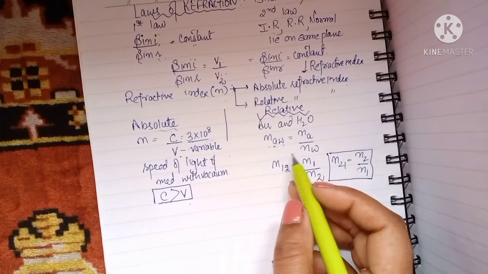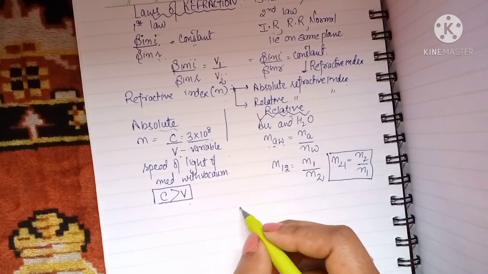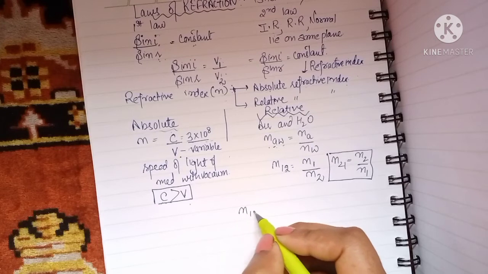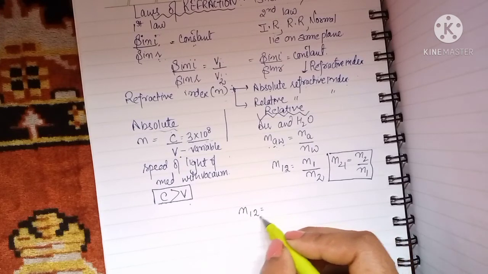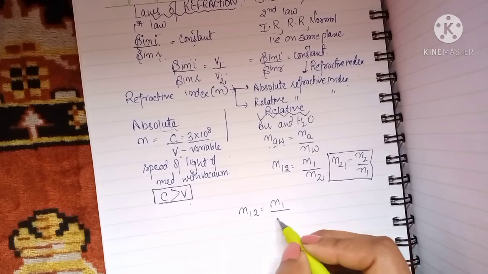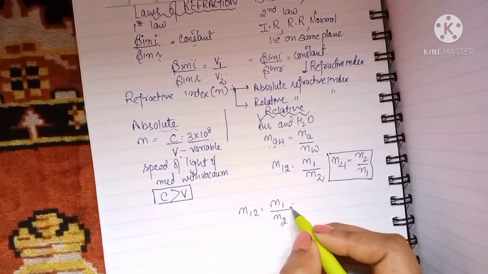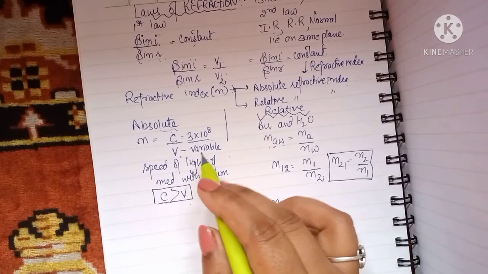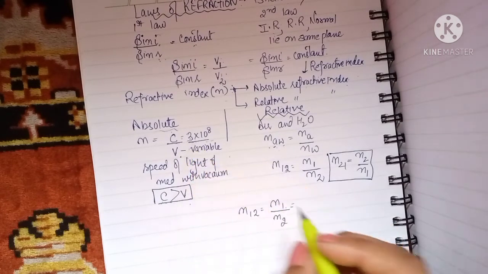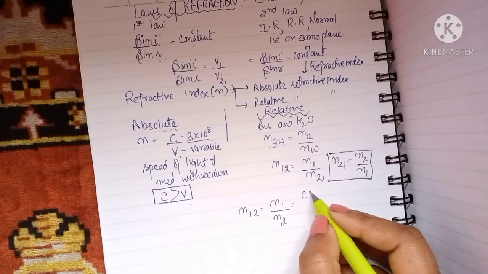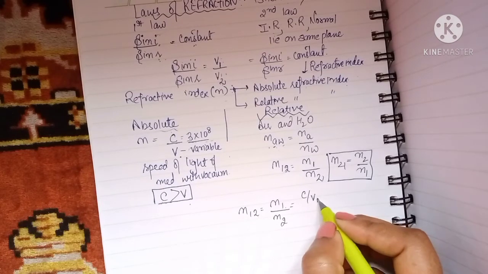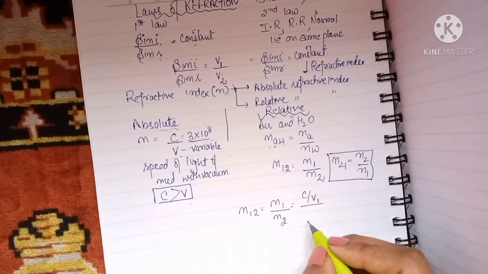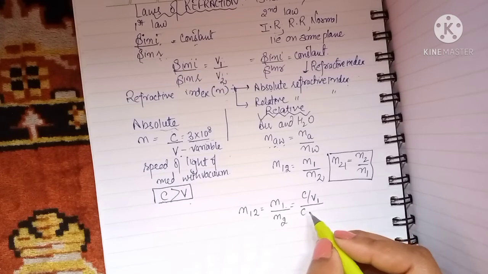Basically, when we say this is the refractive index of the first with respect to the second, you will write the refractive index of 1 and the refractive index of 2. If I express it in terms of absolute refractive index, C is constant, but the speed of light in the first medium is, let's say, v1. Similarly, for the second medium you can write it like this.